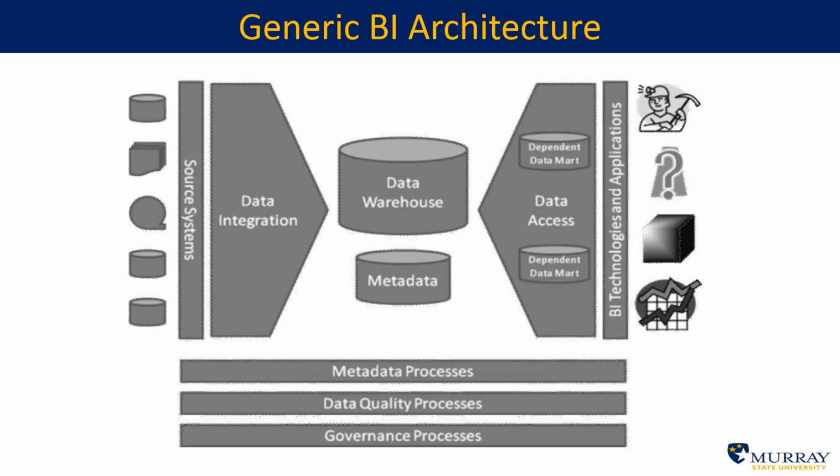Now, how does business intelligence look from the architectural standpoint? That's what we're going to talk about now. What you see here is the so-called generic BI architecture. Generic BI architecture usually involves the following components. First of all, you have source systems.